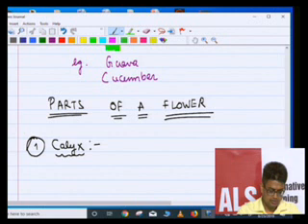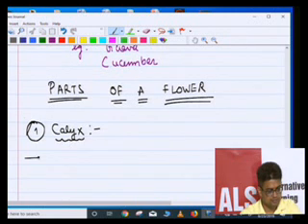Calyx is the outermost whorl of a flower.